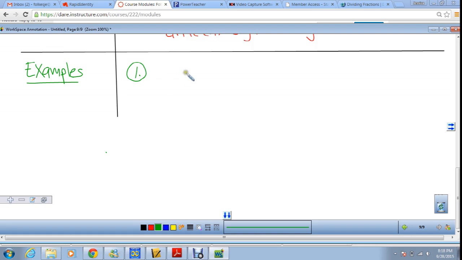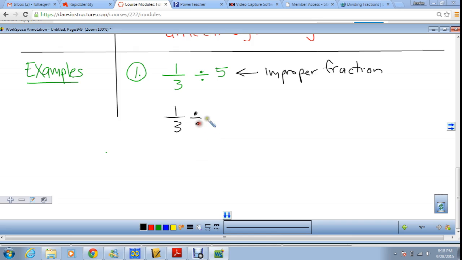Number 1. If they give you 1/3 divided by 5, first thing you need to do is change your 5 into an improper fraction. So it's really 1/3 divided by 5/1. Now you keep it, change division to multiplication, and flip your 5/1 to 1/5.